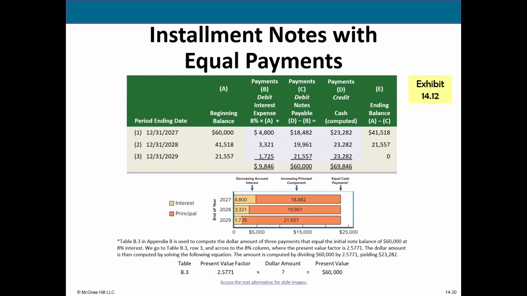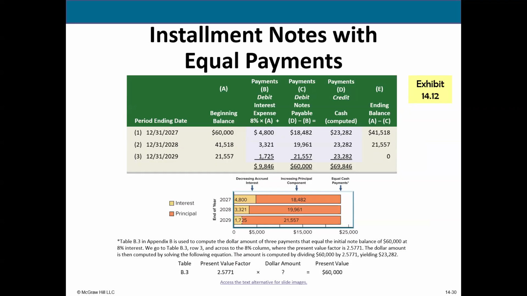we can reflect what's happening with the interest and with the face value of the loan through a very common type of chart, if you will, that represents the amortization of the loan. So we take the beginning balance, we then multiply that by the stated interest rate.